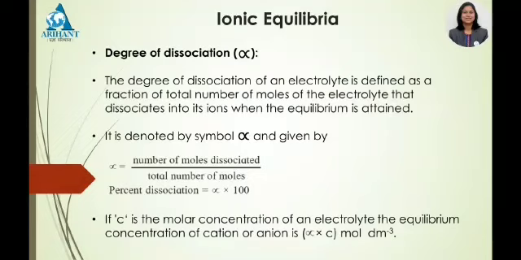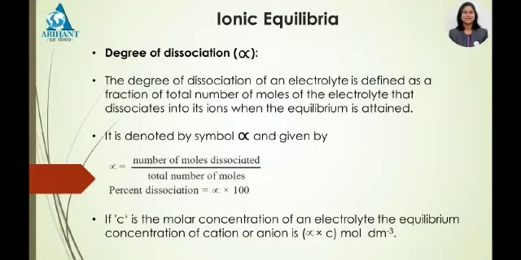Percent dissociation. Now if you want to find it in the form of percentage, percent dissociation is equal to the degree of dissociation multiplied by 100.